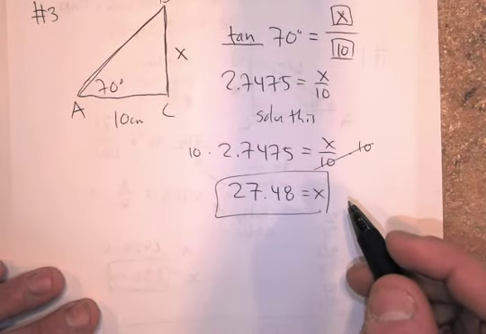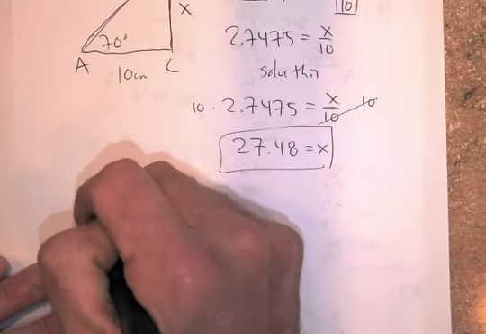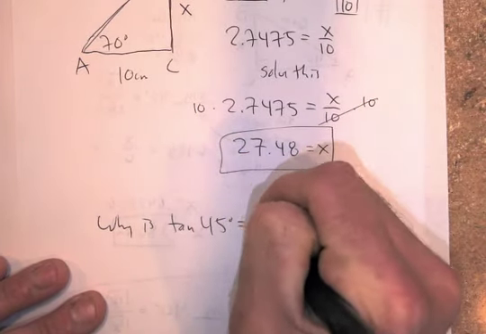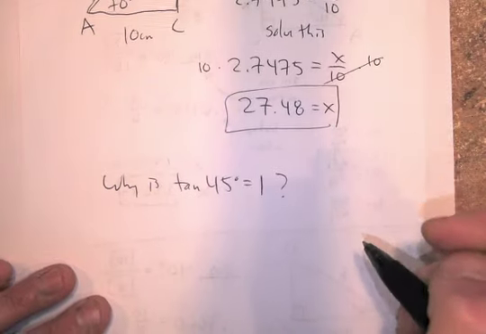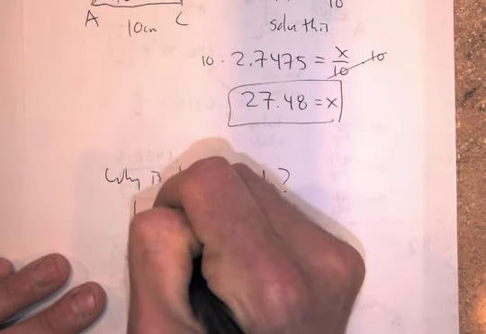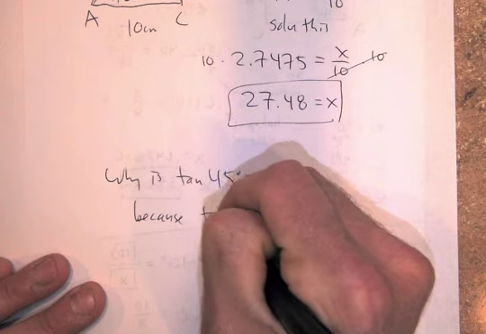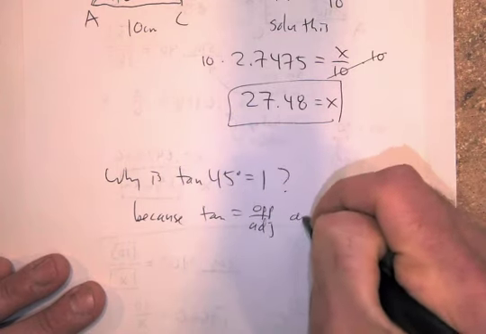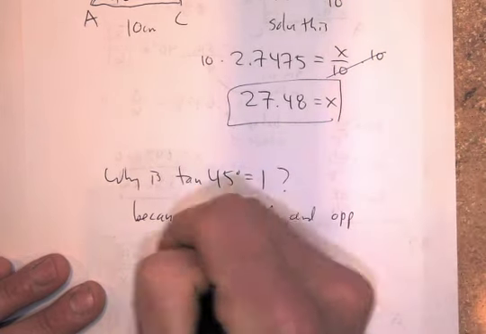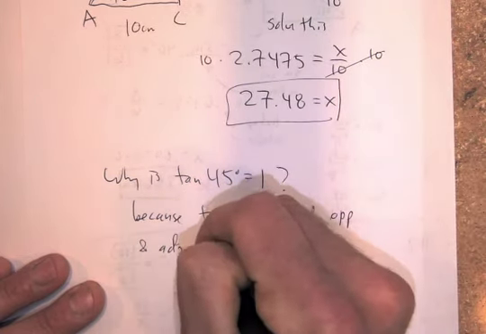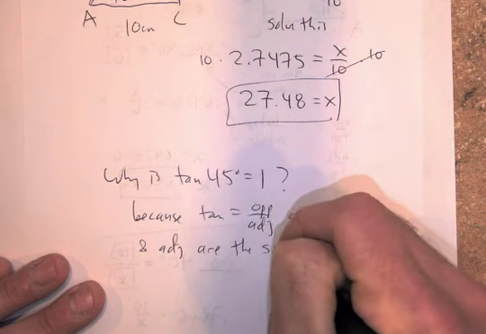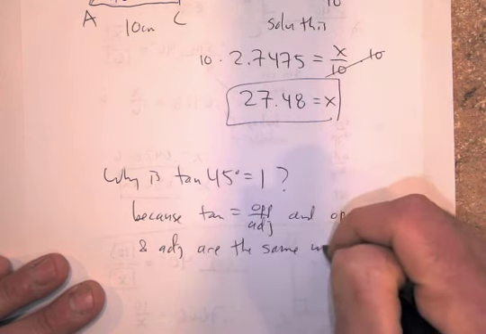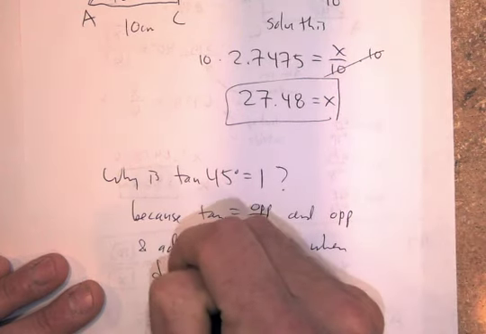So the question here's a little bonus. If you listen to this whole video, you get this: why is tan of 45 equals 1? Well, it's because tan equals opposite over adjacent, and opposite and adjacent are the same when dealing with 45 degrees.